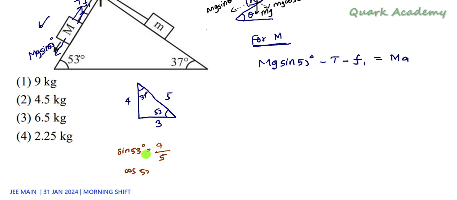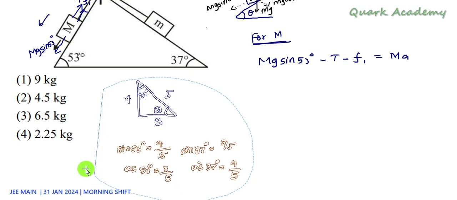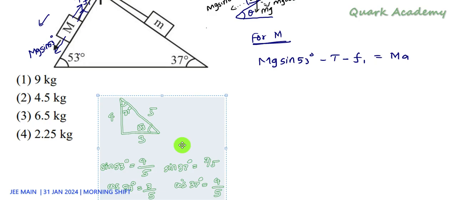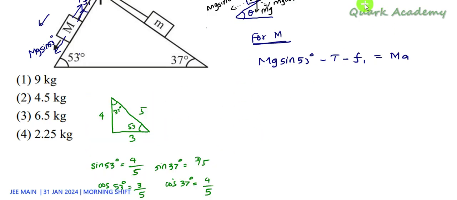Cos 53 is 3 by 5. Sine 37 equals 3 by 5. And cos 37 equals 4 by 5. Just based on this triangle we can write it. You should remember this because some problems will give you this special case.